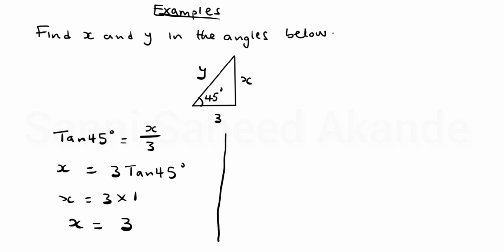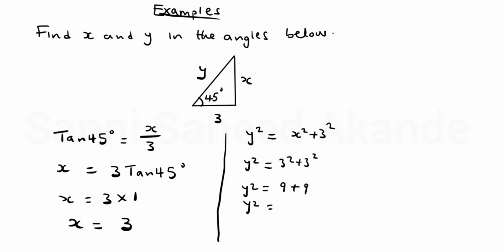The hypotenuse squared, which is y squared, is equal to x squared plus 3 squared. So y squared will be equal to, x is calculated to be 3, so 3 squared plus 3 squared. So y squared is equal to 9 plus 9, then y squared gives us 18. When you find the square root of both sides, y will be equal to root 18.